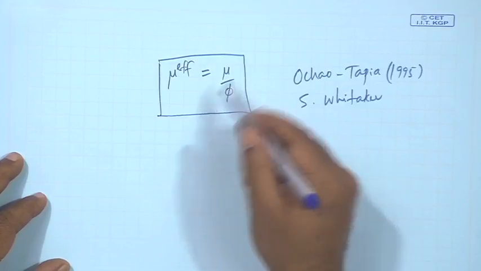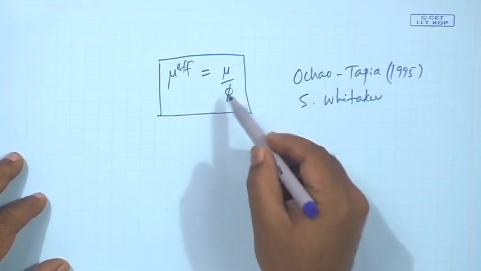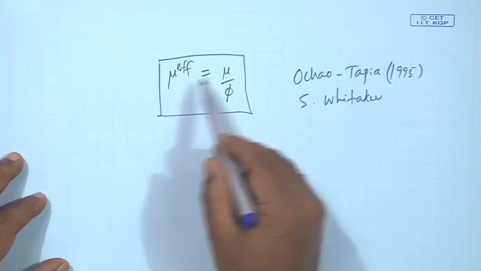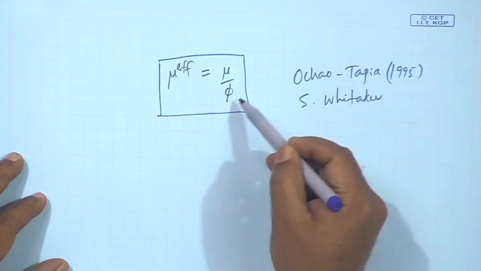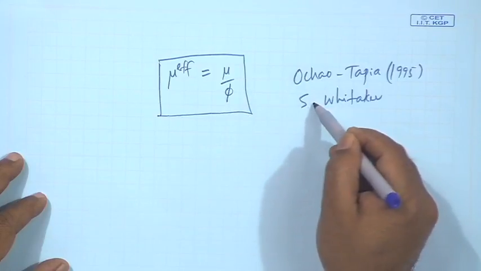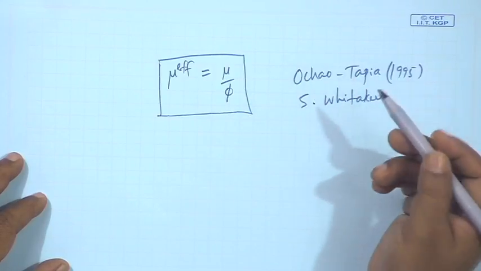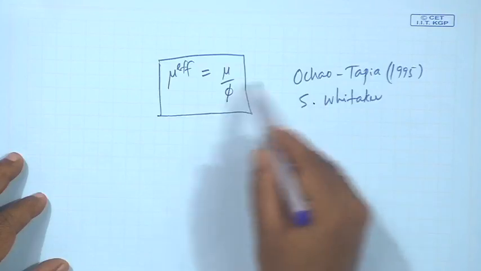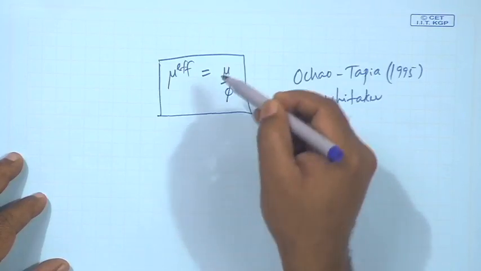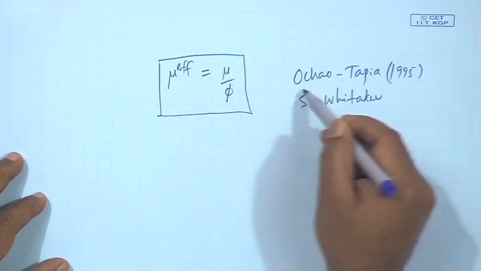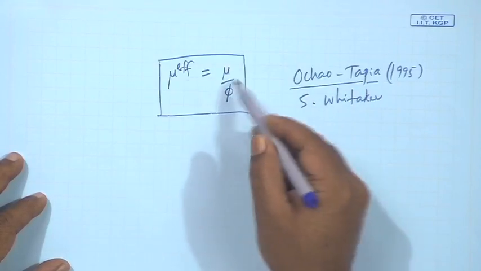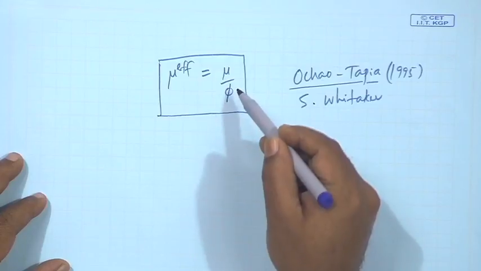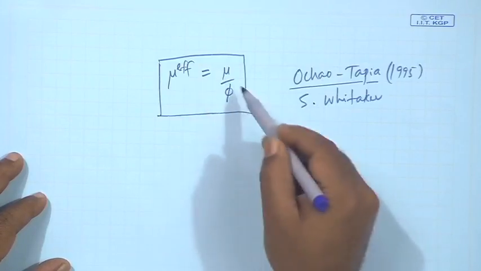But there are various other relations between effective viscosity and viscosity involving porosity. Depending on the context and purpose, people use various formulas, but once the pioneering work by Ochoa-Tapia introduced it, a lot of literature has come using this particular correlation.